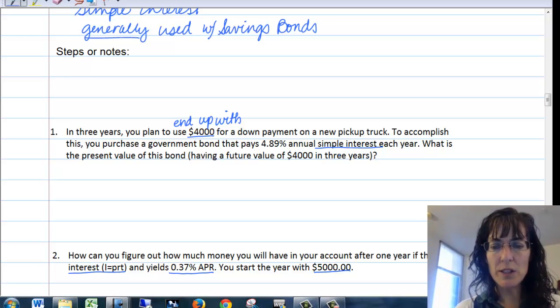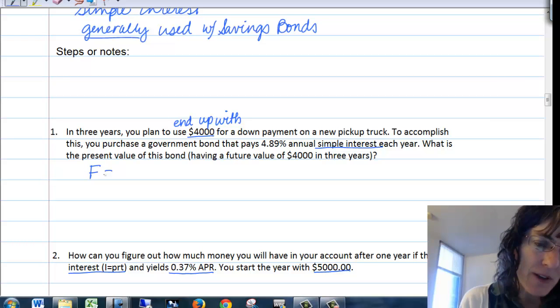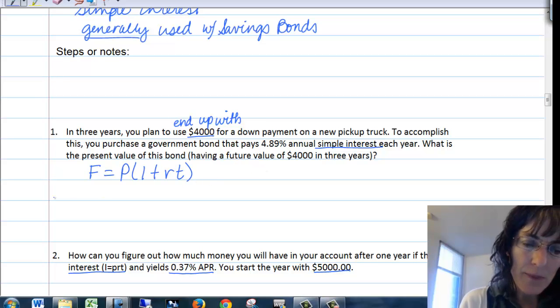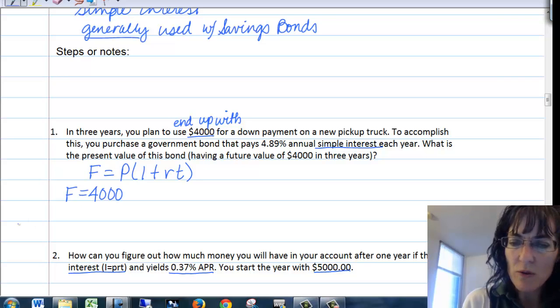So I do want to demonstrate this one for you so that we can see it, because it's sort of backwards from the usual way of going. So we'll write down the formula first. F equals P times the quantity 1 plus RT. My F, my future value, is going to be $4,000. My P, the big P, I don't know.